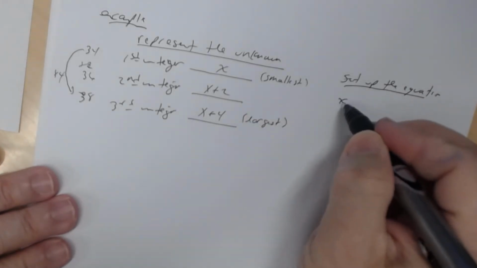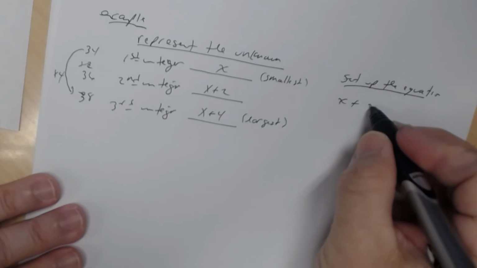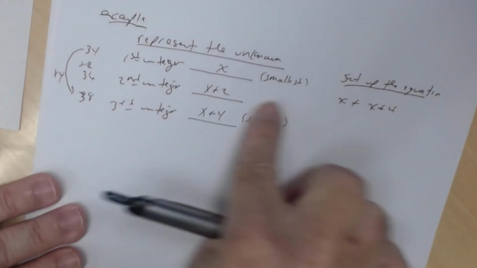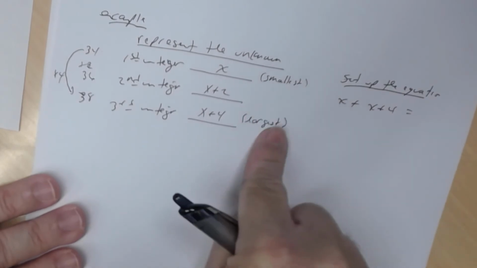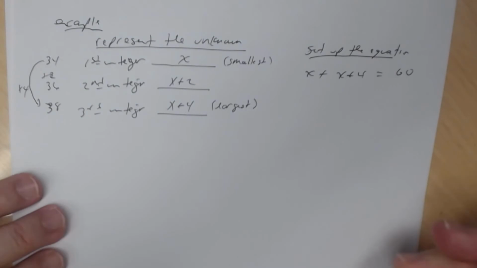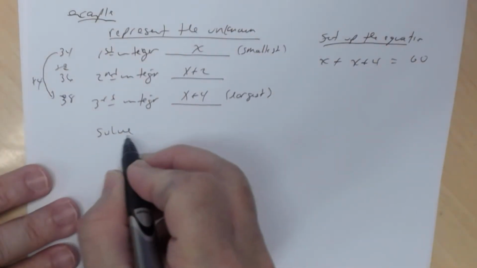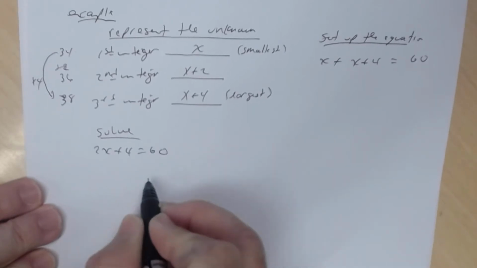The smallest plus the largest, so the largest is x plus 4. The second one is not used in the equation at all, because you're only interested in adding the smallest and the largest. And you're told that sum is 60. So there's your equation. Now solve it: 2x plus 4 equals 60.